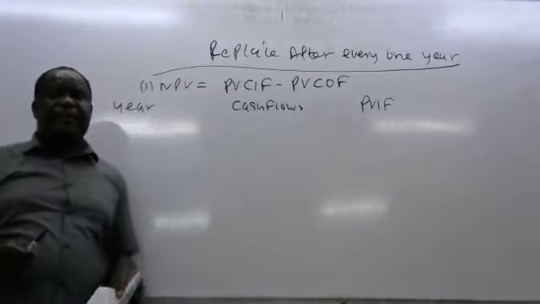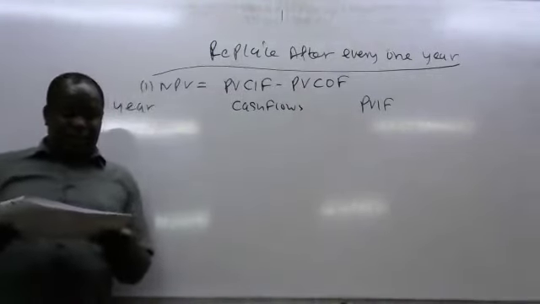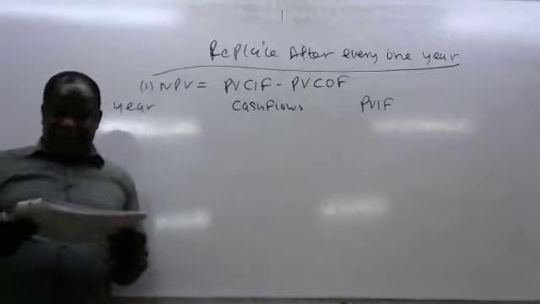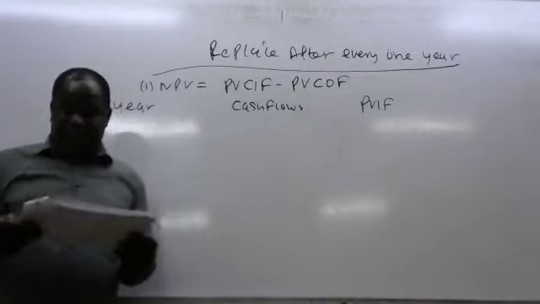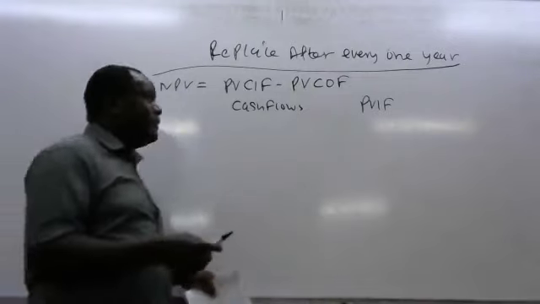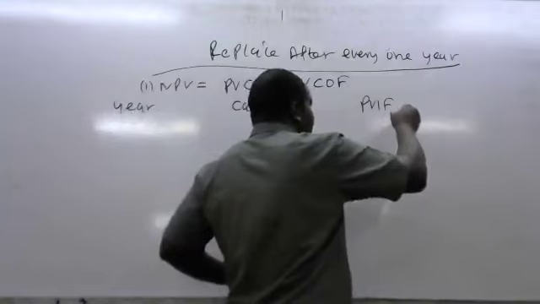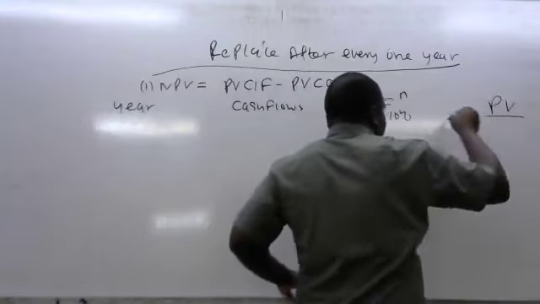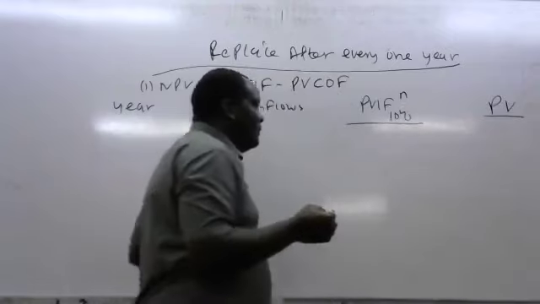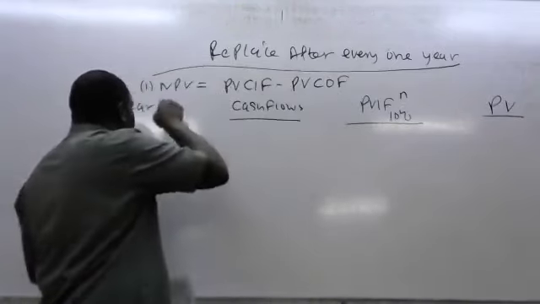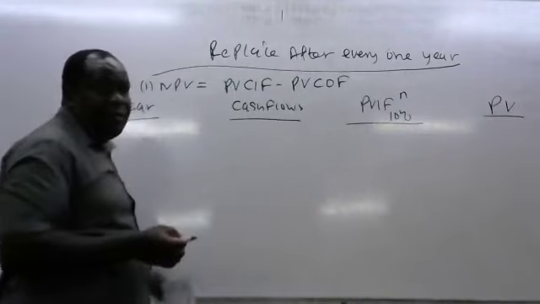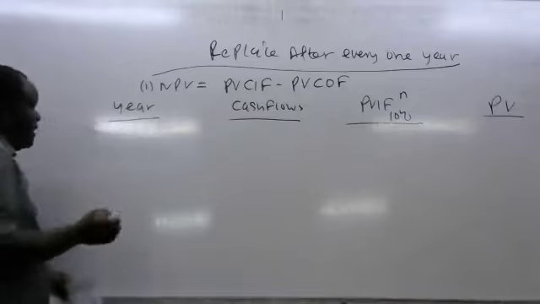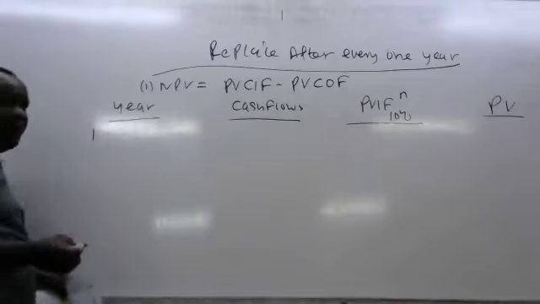In the question, you are given the cost of capital, this time it is 10%. So we shall be checking 10% for each year. So we start off with year 1.